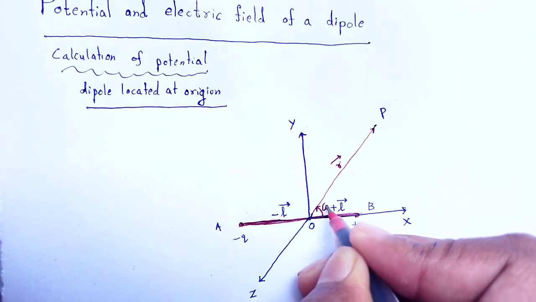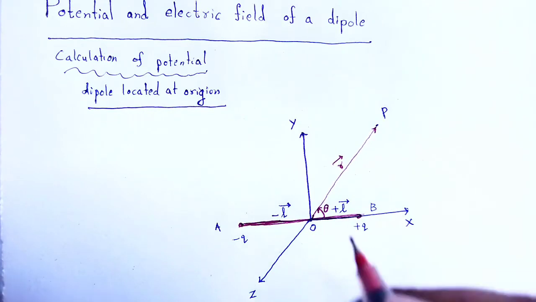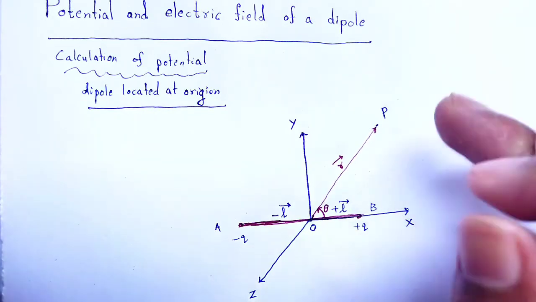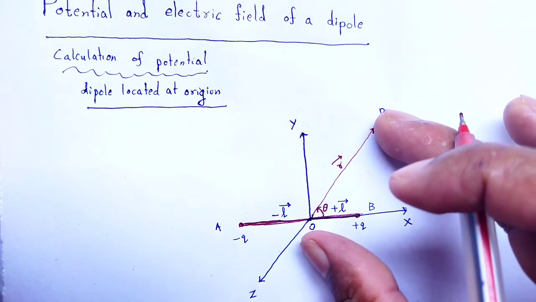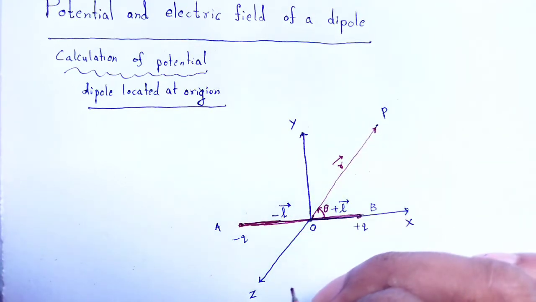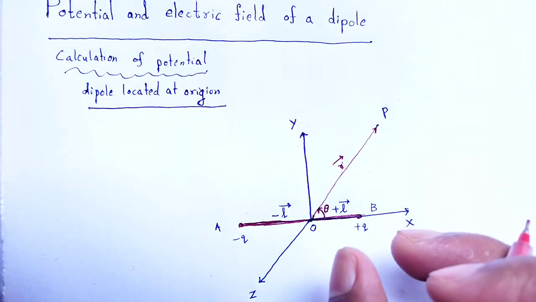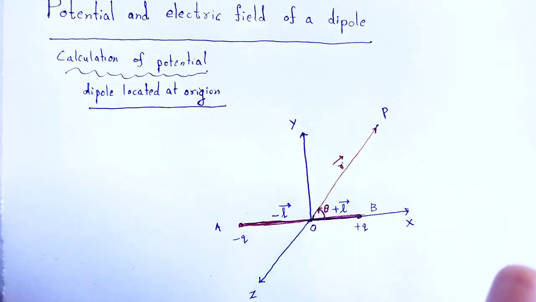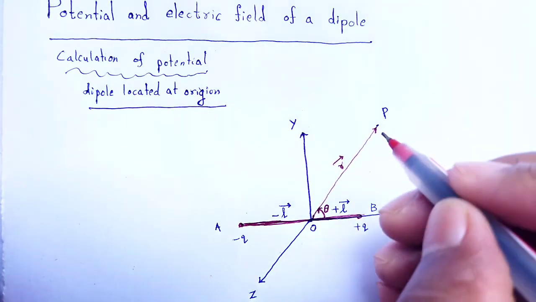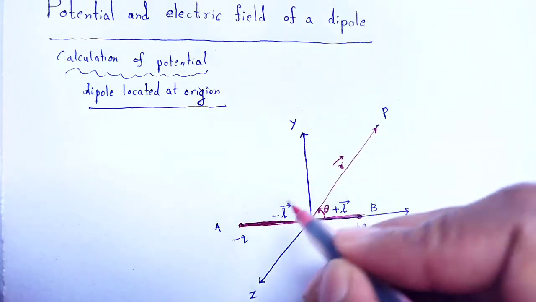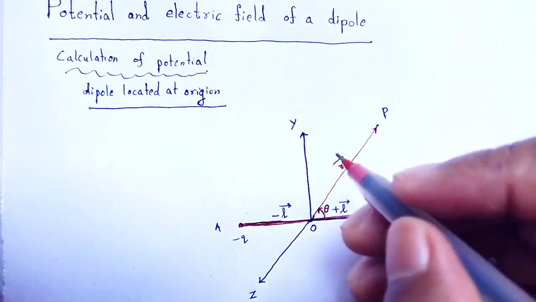The angle is theta. OP is the r vector. OA is minus l vector, OB is plus l vector. Let us join the lines AB and BP.